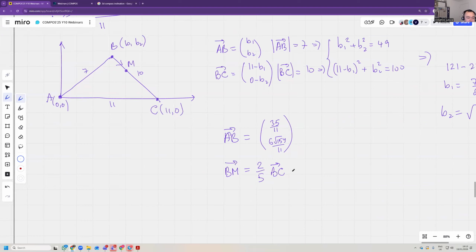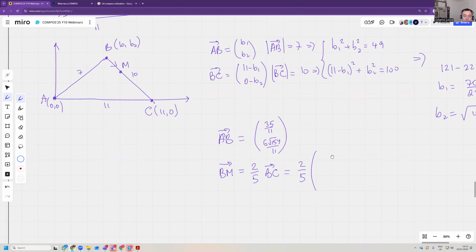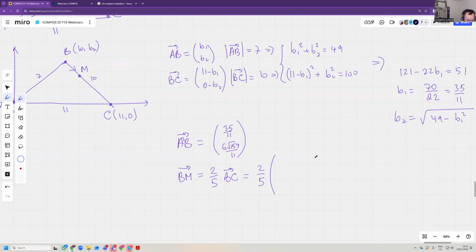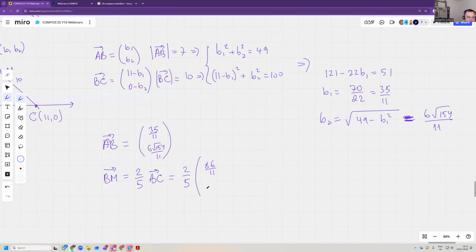And BC is (11 minus 35/11, minus 6 root 154 over 11), so 86 over 11.